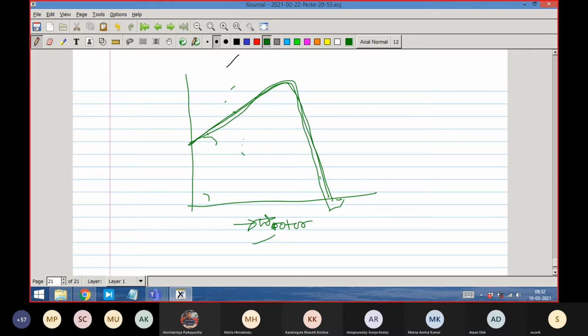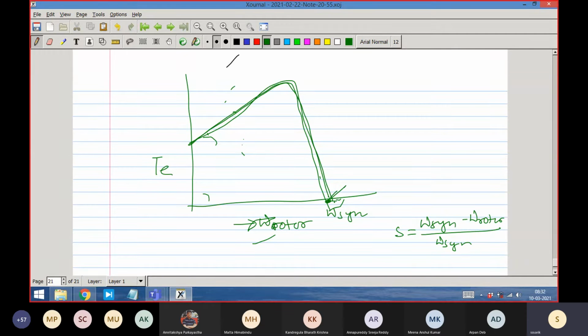I am drawing torque versus omega rotor, and this is the slip. Slip is defined as omega sync minus omega rotor by omega sync, right?